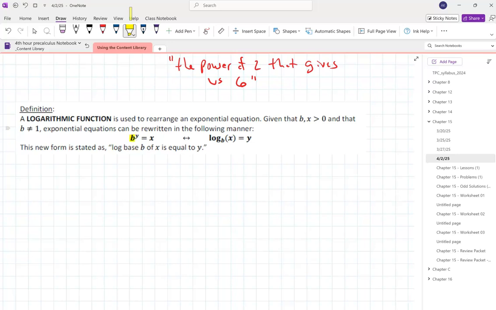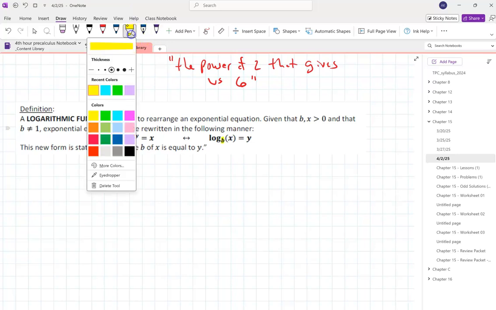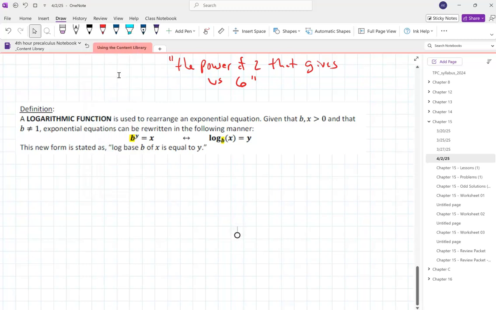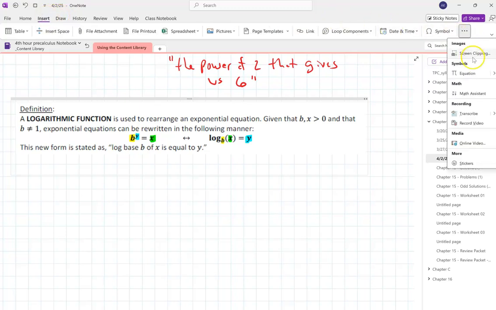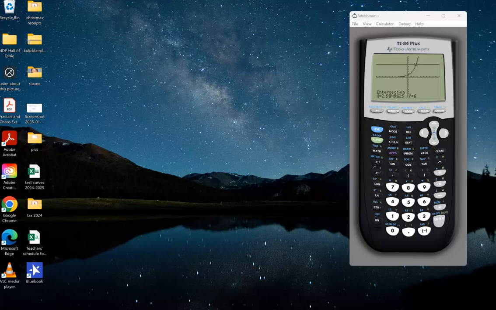So the base of my exponential is the base of my logarithm. The exponent of my exponential is the answer to my logarithm. And the answer to my exponential is the argument for my logarithm. So that's our textbook definition of what we mean by logarithm.